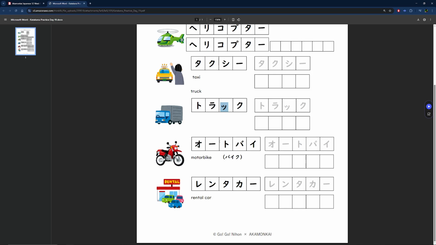O. To. What is this? Oto. Otobai. Bai. Okay. Otobai. But to be honest, the katakana spelling or reading in the parentheses is what you'll end up saying for like motorbike. Okay. Or baiku? Motorcycle. I was blanking on the word for it.